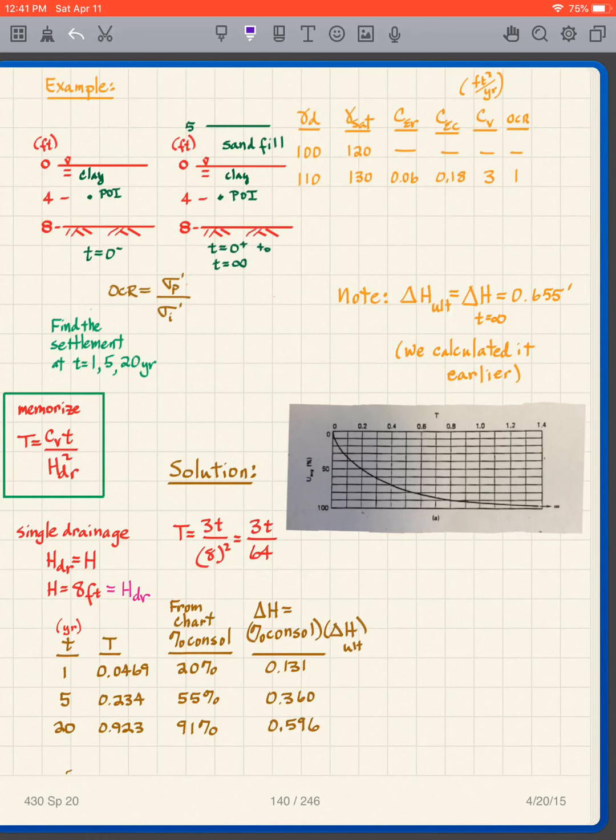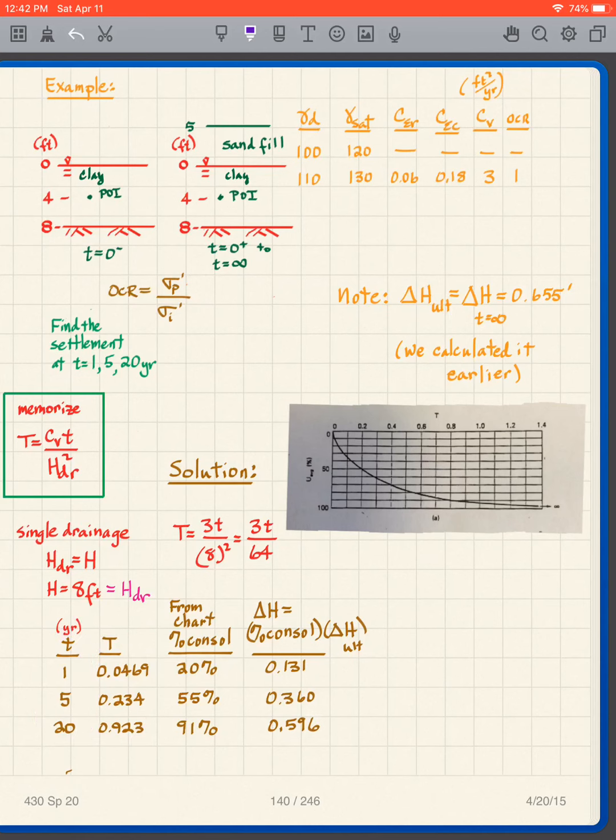We're going to use our basic equation, capital T is equal to c sub v t over H_DR squared. We note that it's single drainage, H_DR is H, which is 8 feet. There's my H, 8 feet. And again, I go through my times, 1, 5, and 20 years. I get my capital T's, just like we did before. They are the same.